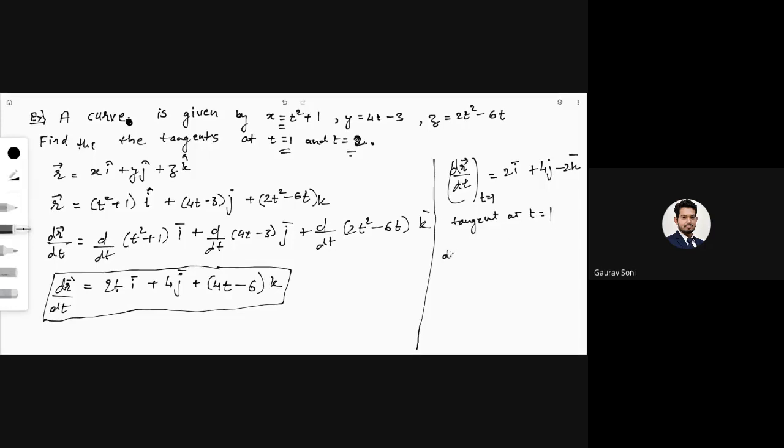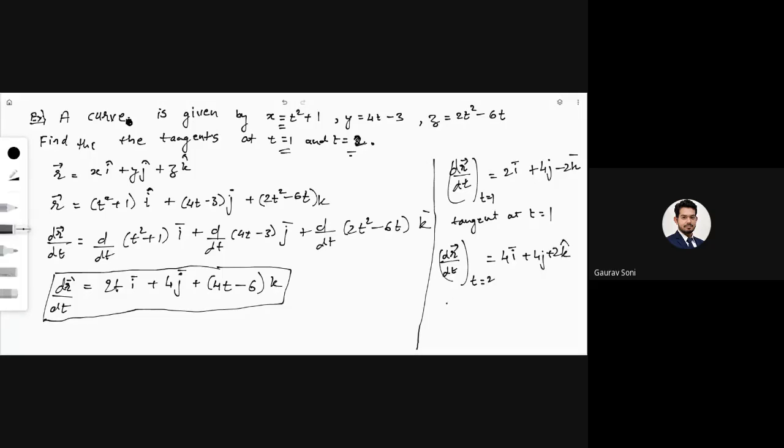Now dr bar by dt at t equal to 2. So that is 4i plus 4j plus 2k.